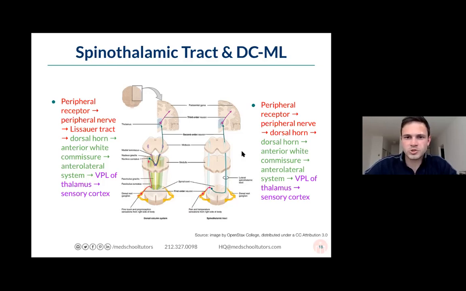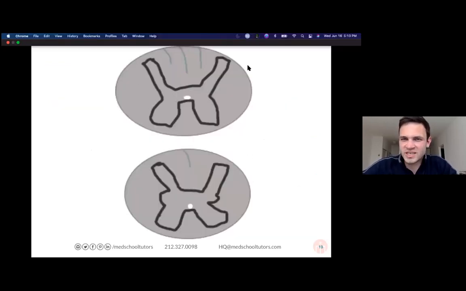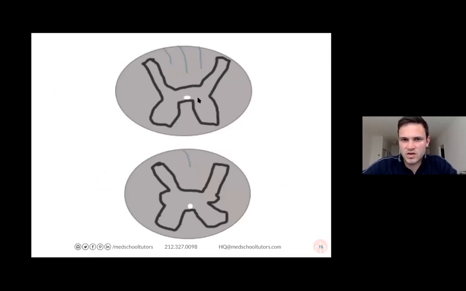Okay, let's draw dorsal columns first, just to illustrate the same thing, right? So we're going to say that I had sensory input come in from my leg, or this is the thoracic cord, but still, wherever, right? It would enter here, and the same neuron would already start running up the dorsal column, right?